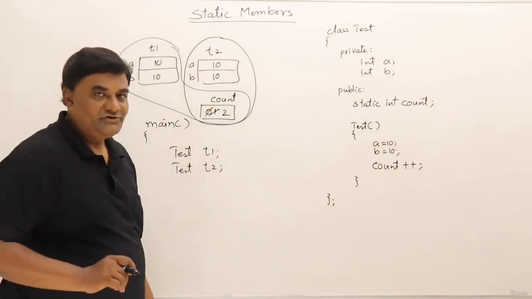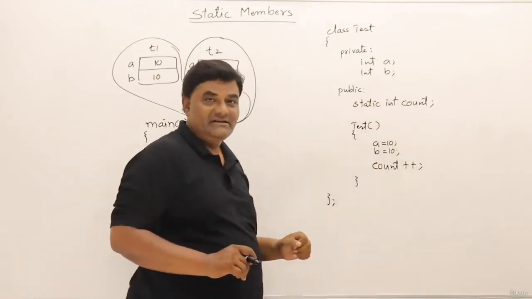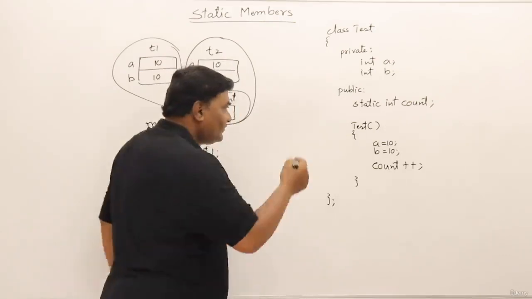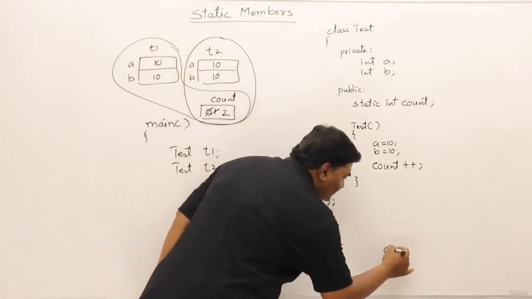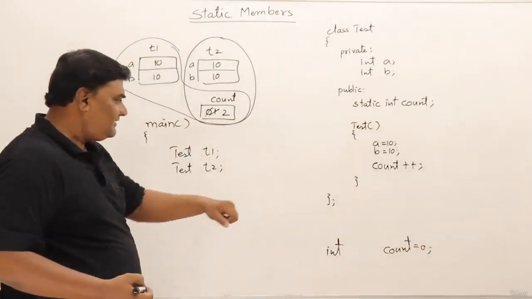Now, one more thing I have to show you syntactically. When you have a static variable inside the class, you must declare it outside again. So I will declare that once again: int count. This is outside the class, so it's like a global variable.